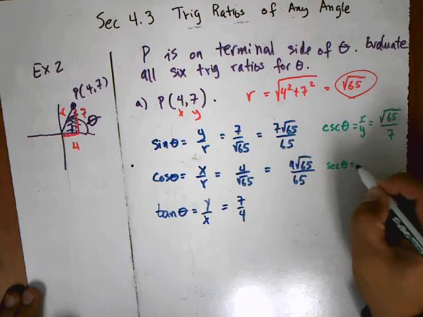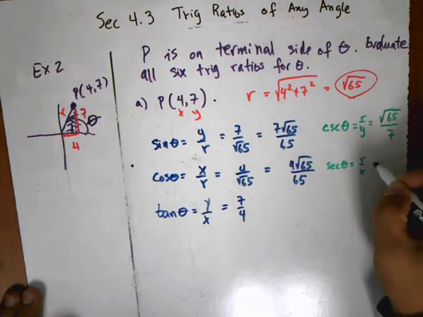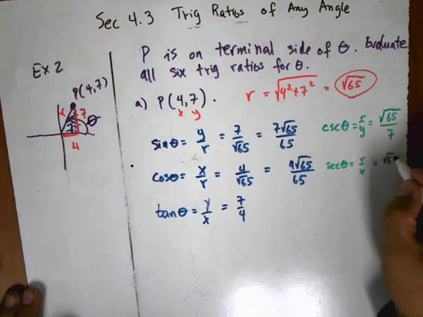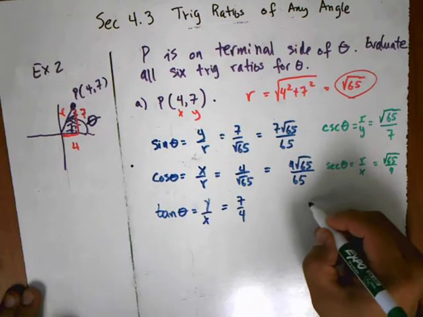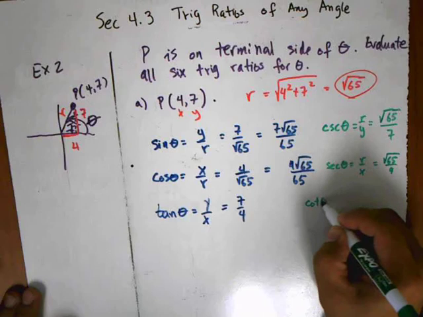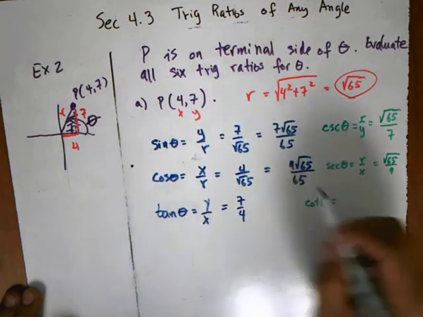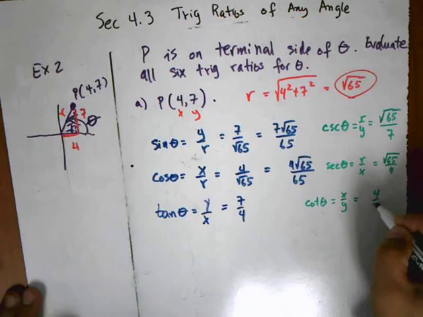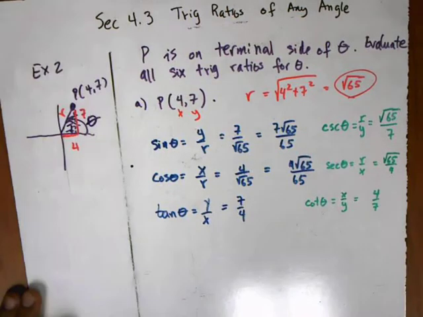Secant of theta is r over x, and this is square root of 65 over 4. And finally, cotangent of theta is x over y, which is 4 over 7.